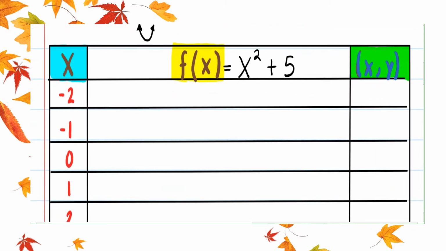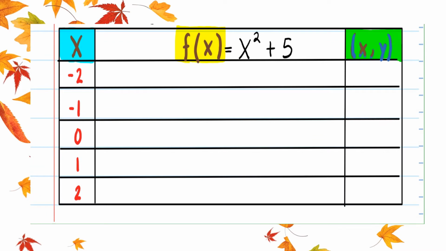So we have this function here, and we have those x values. We always use the same x values. So it's going to be -2, -1, 0, 1, and 2. We're going to start with -2 here. We'll plug in -2 to the equation. Everywhere we see x, we're going to plug in -2. And then we'll solve to get an actual value for our y-coordinate.